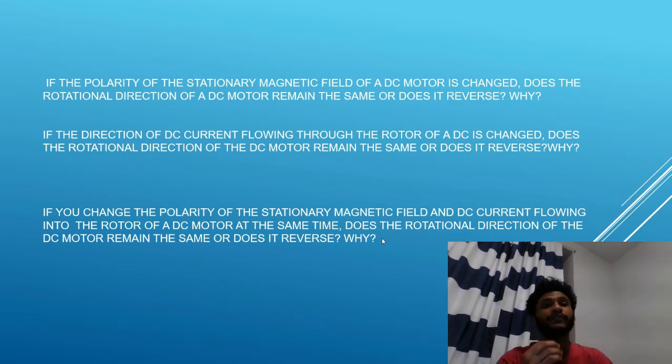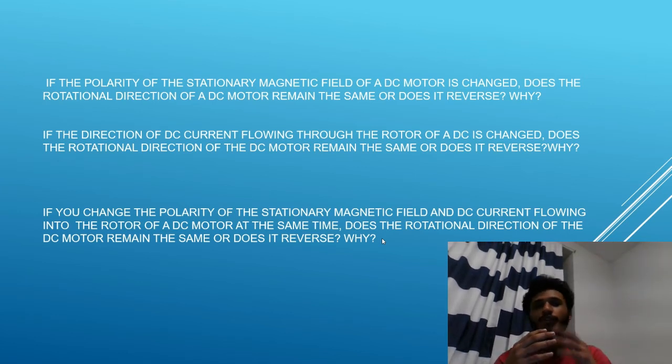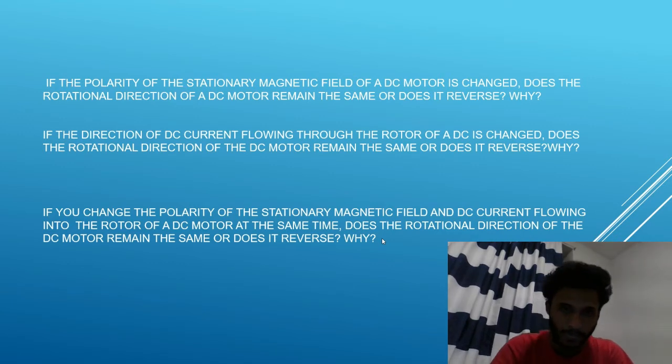So the polarity of the armature is also changed, and both changes cancel each other out. We won't see any change, and the motor will continue to work as it was working.